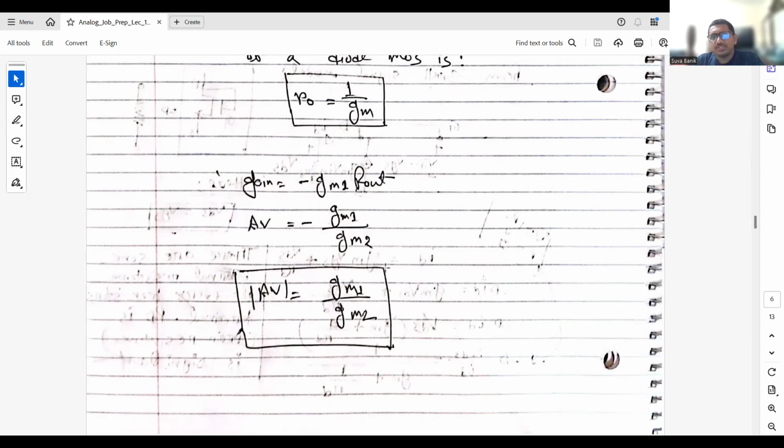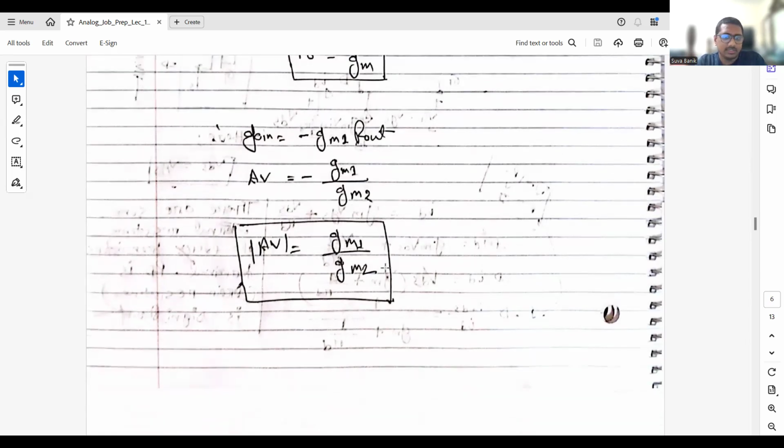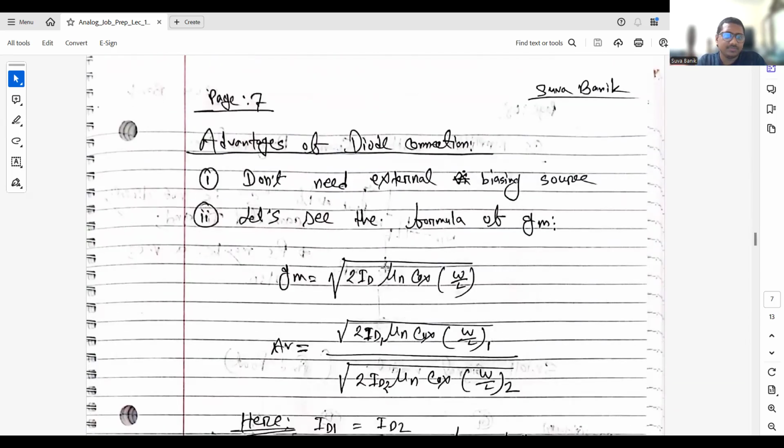This is the beauty of the circuit: if we replace RD with a diode connected load instead of an active load, we find a more stable gain. How? Let's see how we can get the more stable gain.